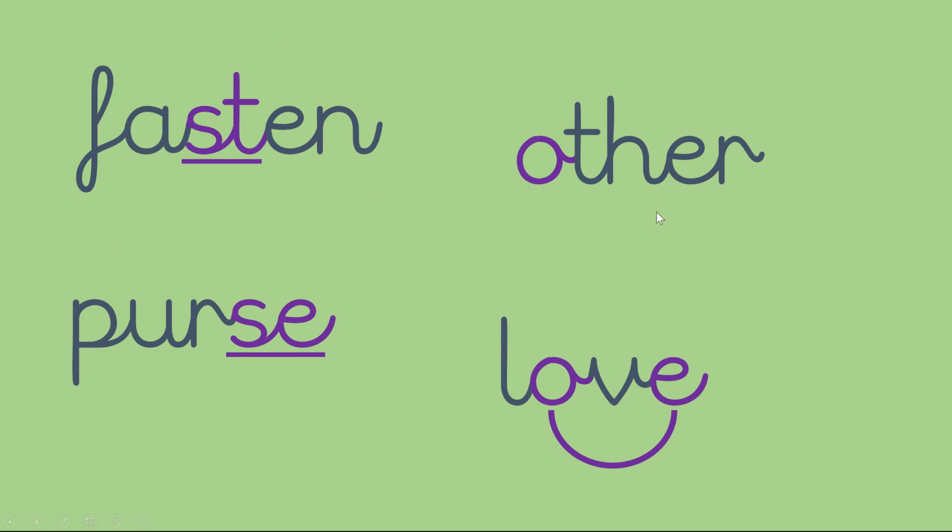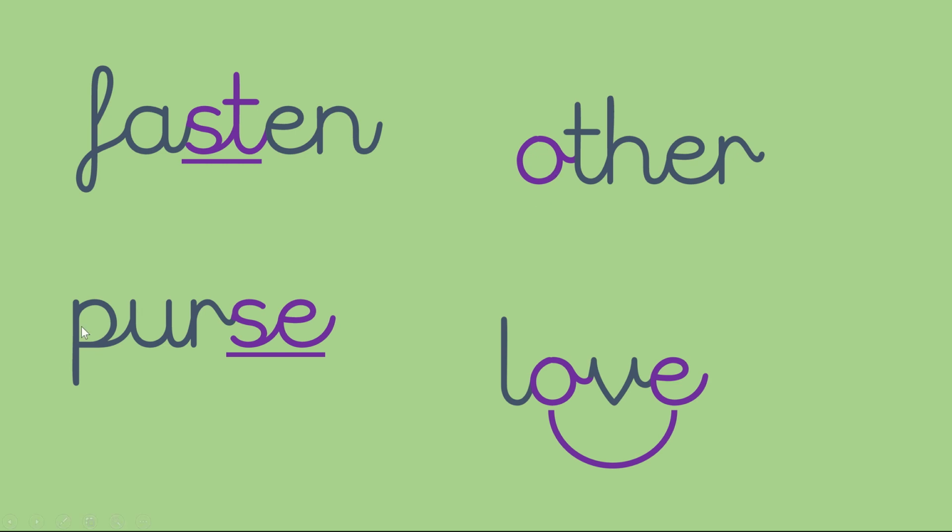Okay, the next word was other, and it's a. The E and the R make the A sound. In our dialect, that means when we speak with a Brummie accent, we say it at the end.